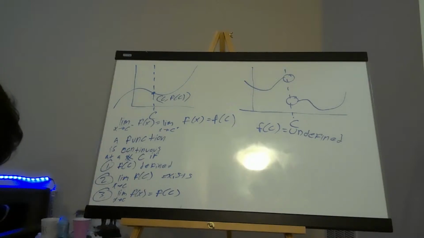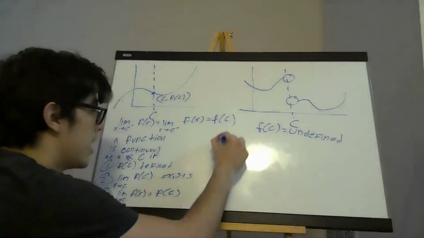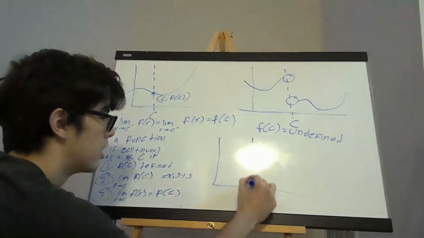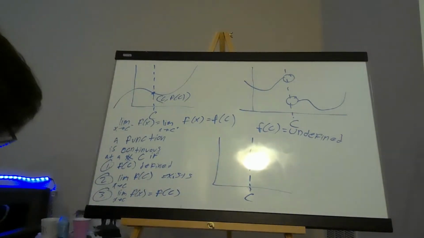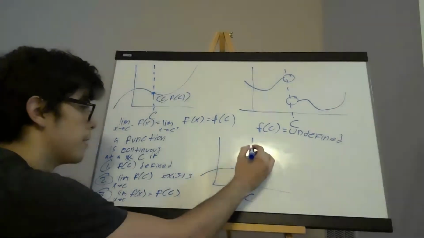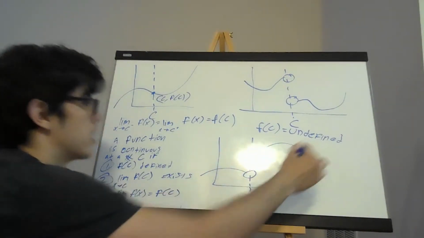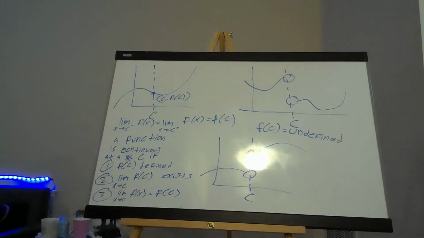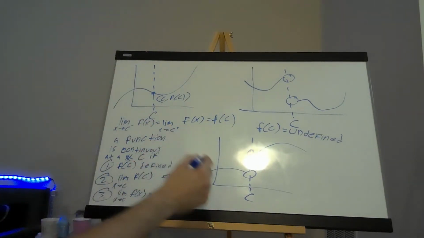Here's a good one. We've got a graph with a point c, and this is one of those examples where you might get stumped. Like I said earlier, a plain dot somewhere on the graph doesn't affect the continuity as long as it's filled.